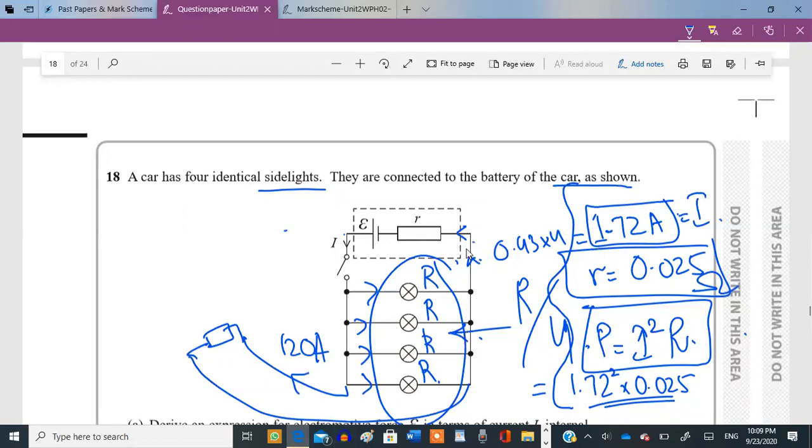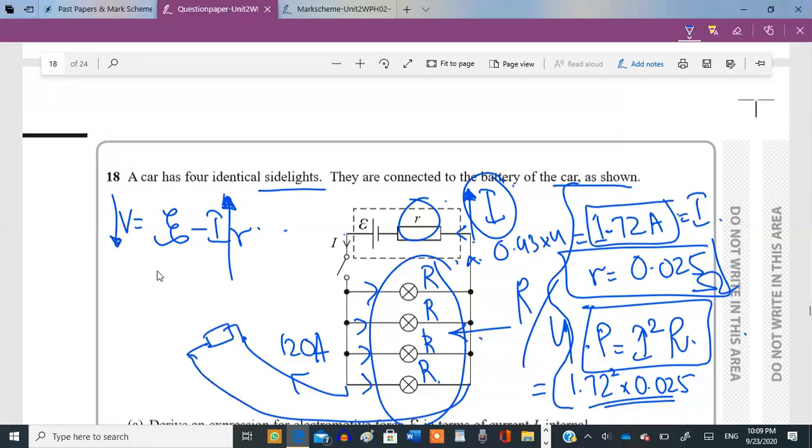So the total current flowing through this resistor will rise, correct? What's the terminal potential difference formula? V is equal to E minus IR. If I increase the value for the current, what will happen to the terminal potential difference? Will it fall?